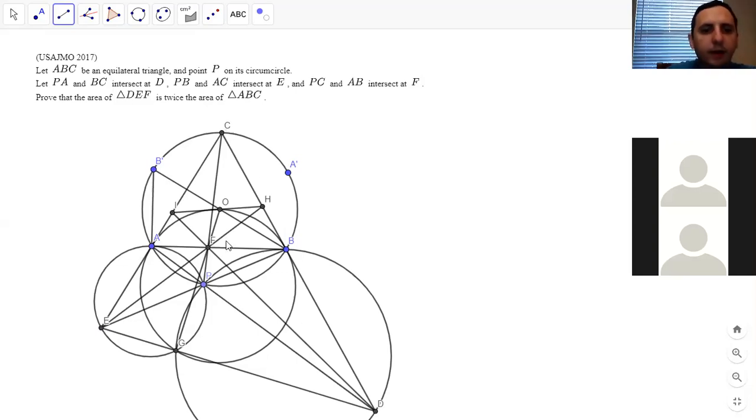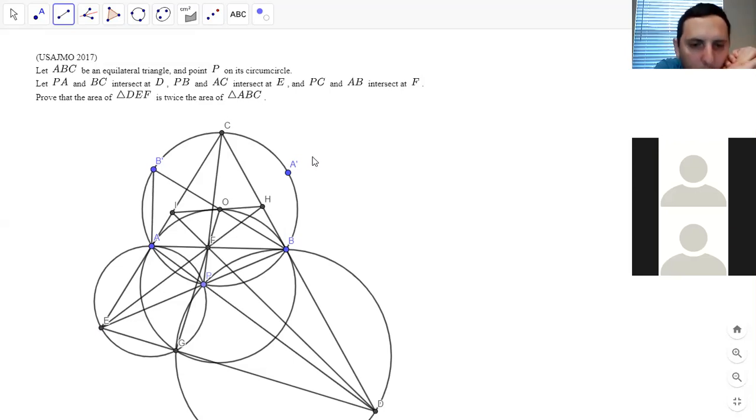So IA over IC is equal to EA over EC, and so that is equal to PA over PC.